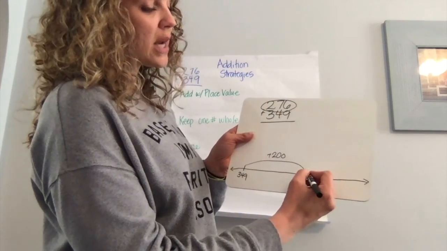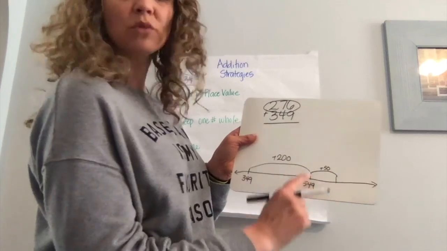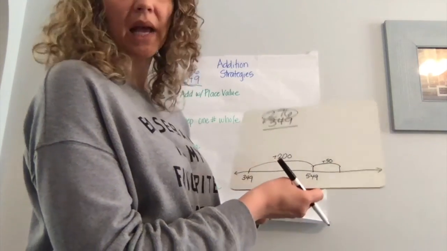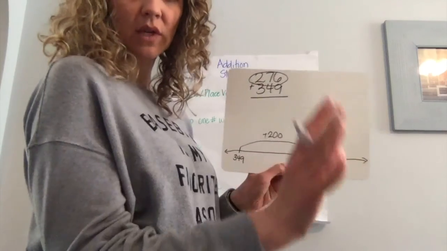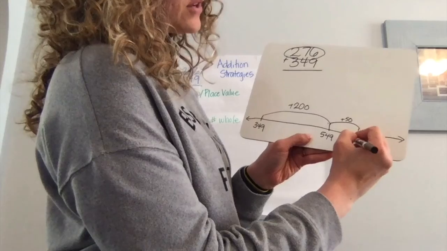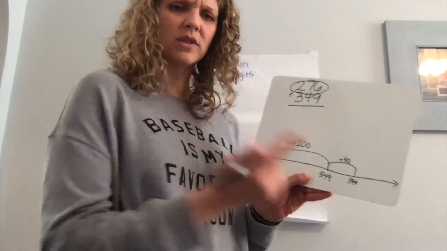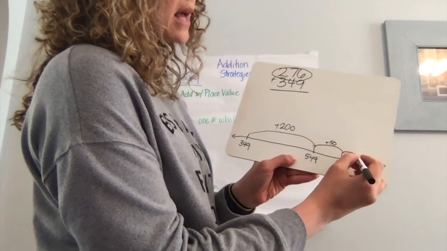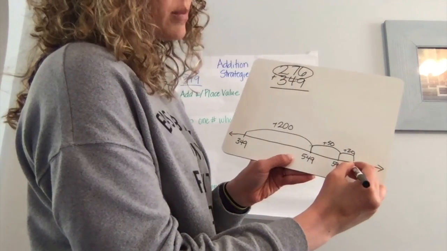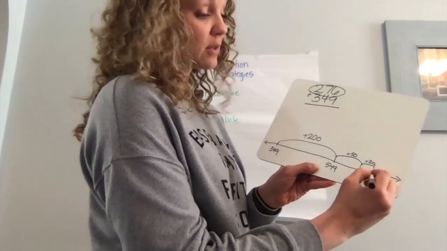So 549 plus 50, and I am trying to make my jumps fairly proportional, but I have this teeny tiny whiteboard at home, so I'm doing my best. But 549 plus 50 is 599. Now I'm like, oh yeah, I know this number, okay? So now I can add 20, and that's going to put me at, let me think, 599, 609, 619.